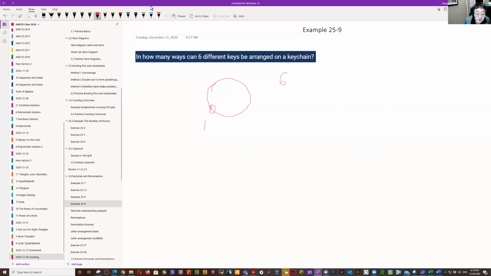Normally, if you hang 6 keys on 6 nails on the wall horizontally, you have 6 factorial. But arranged on the keychain, it's actually starting from 5. It's 5 factorial divided by 2, which is equal to 60. Why do we divide by 2?